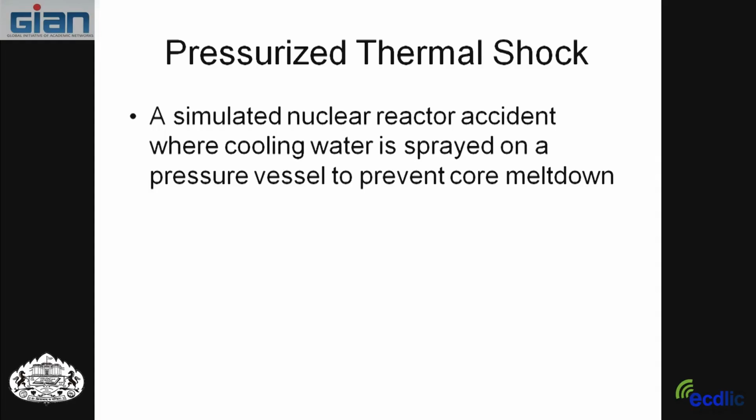They've done a lot of work in energy-related things. And one of the things they worked on for a long time, maybe 20, 30 years ago, is a nuclear reactor accident where cooling water is sprayed on a pressure vessel to prevent core meltdown.